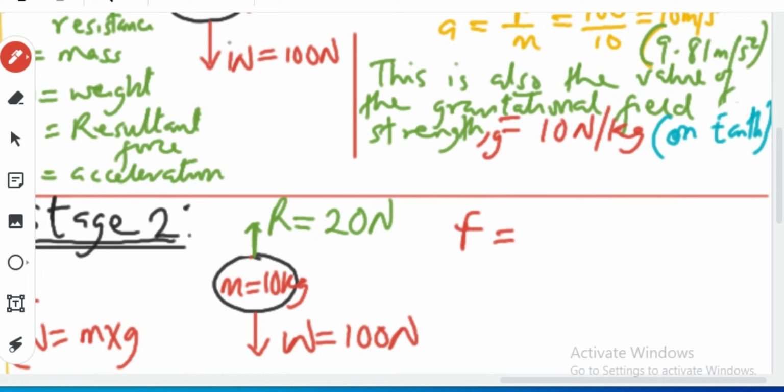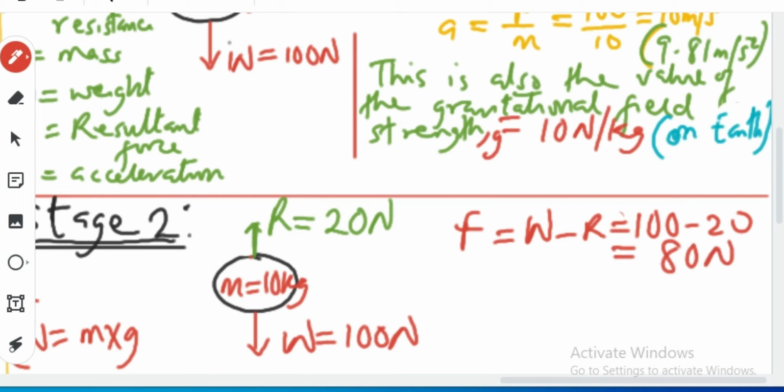F is equal to W minus R, which is 100 minus 20. And what does that give you? 80 Newton.